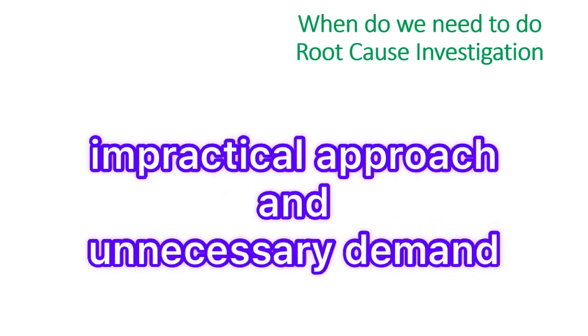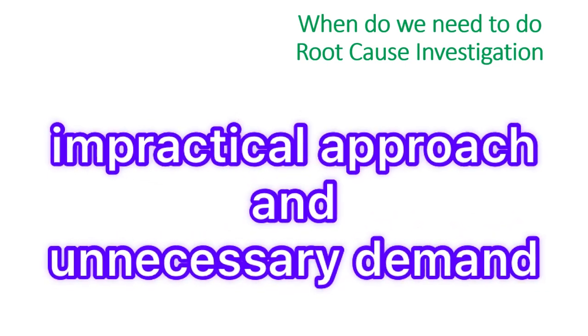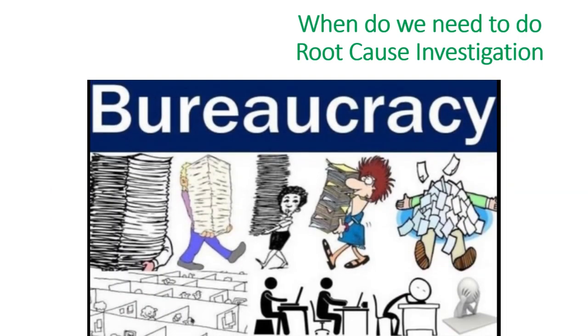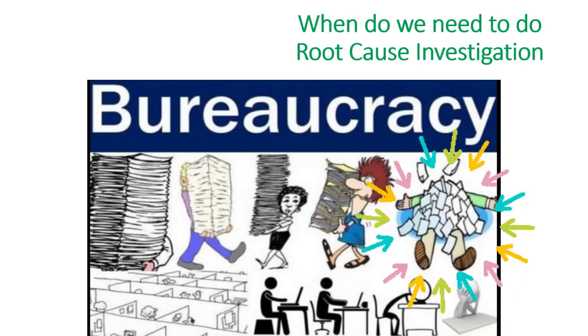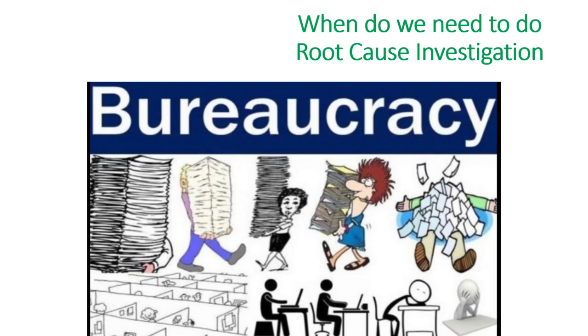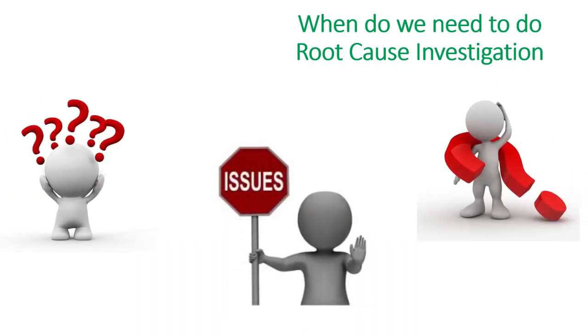Now, this impractical approach and unnecessary demand can lead this critical process, which is key for improvement, to become a bureaucratic formality of records generation and archiving that quality people have to do just to pass audits, reminding us of what was mentioned in the last part about the quality guy as the paper guy. And this will unfortunately contribute to the wrong perception about quality people mentioned in the last part about being impractically demanding.